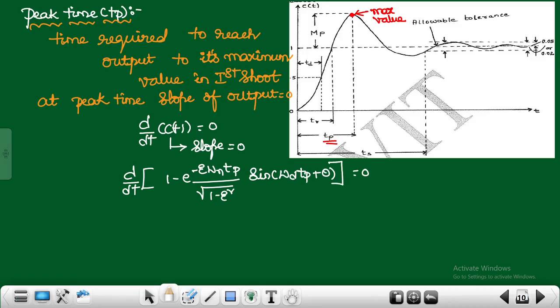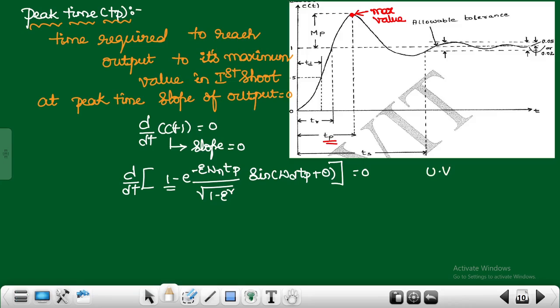So you have to differentiate this. Whenever you differentiate, the first term will become 0 because it is a constant. Then you take the second term. For the second term, you apply the UV rule.